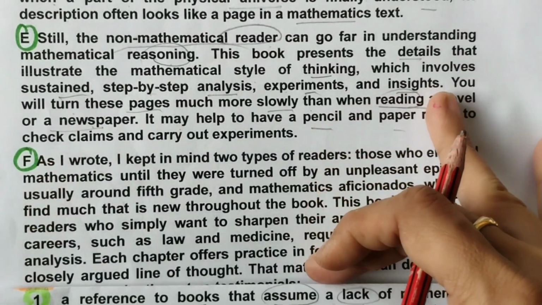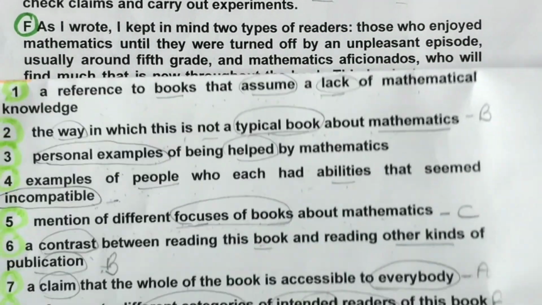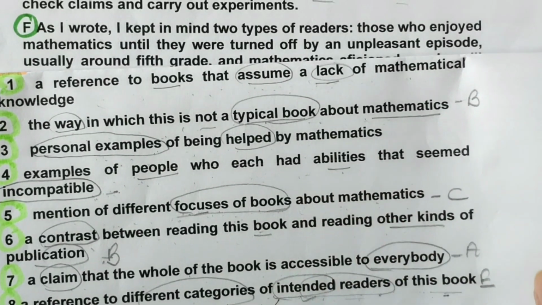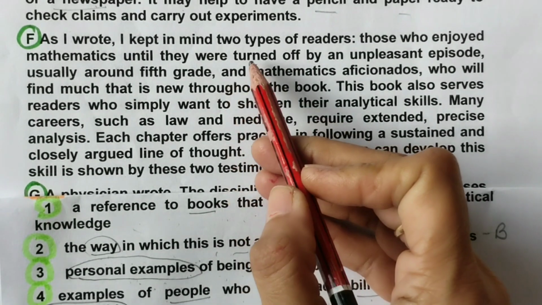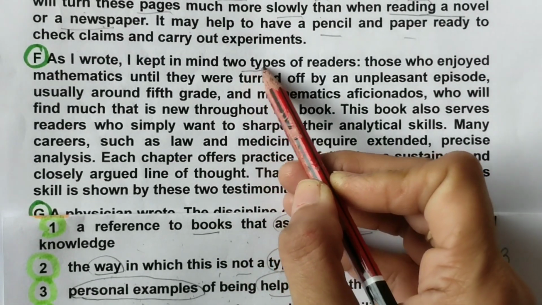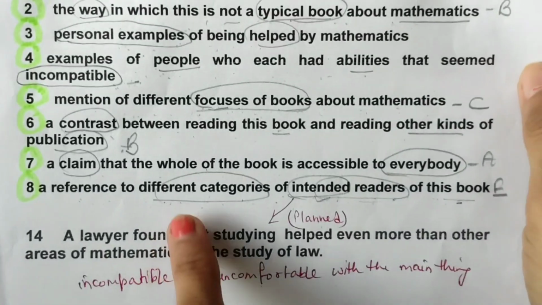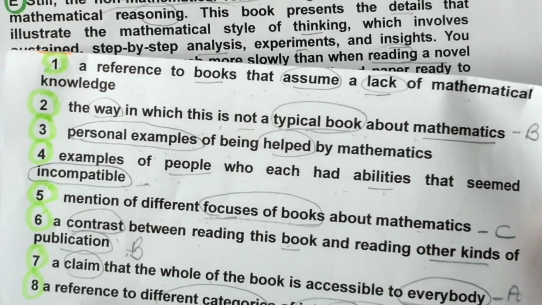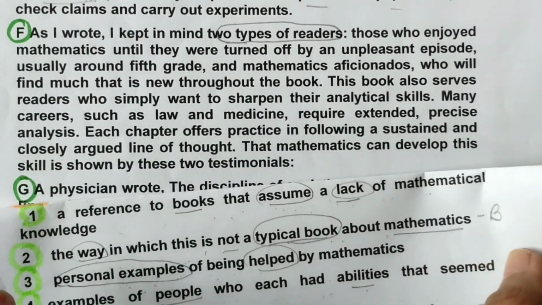Okay, let's read paragraph F also. But if something is better than these options, I can change it at the end. Okay, as I wrote, I kept in mind two types of readers. It means different categories of intended readers of this book. This is also something confusing.